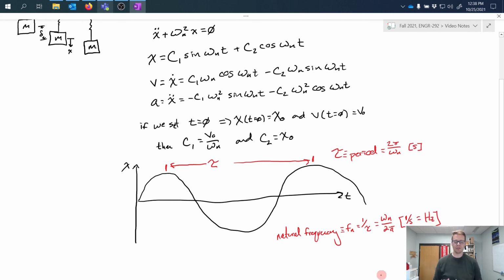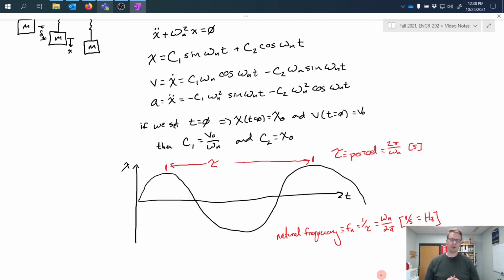So I have two definitions for the natural frequency, omega n, which is in radians per second, and Fn, which is in hertz, and both are really defining the same general thing, just changing the units.